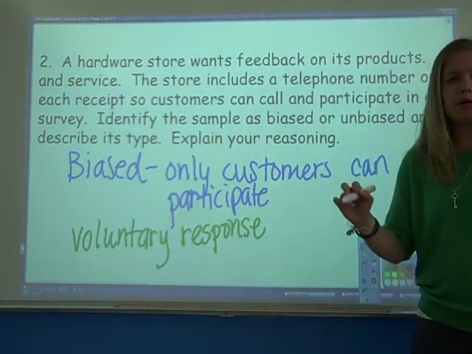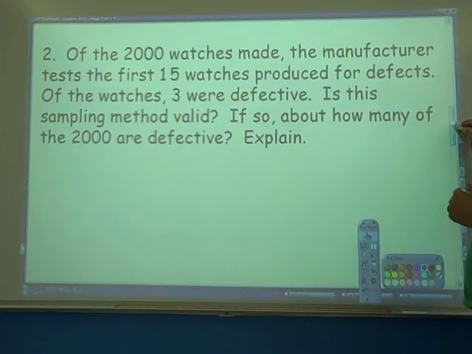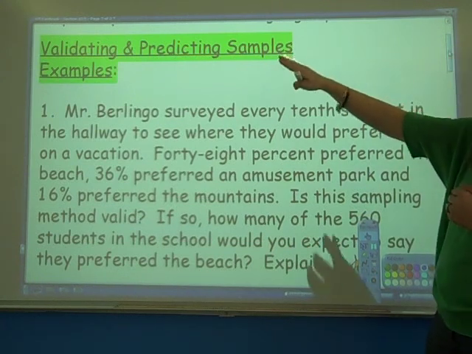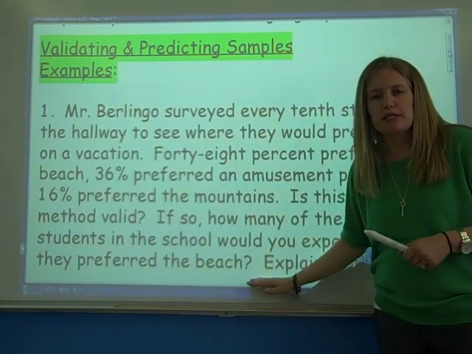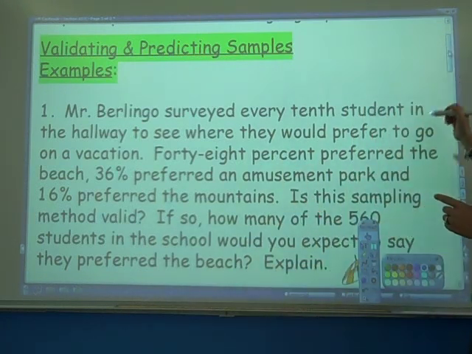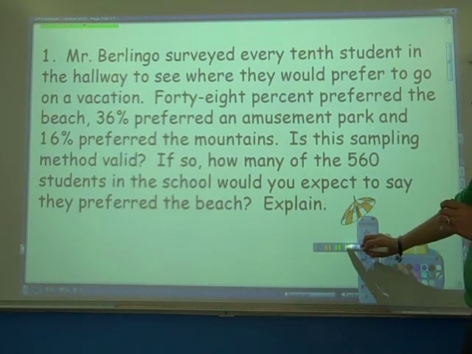Okay, for sake of time, I think I'm only going to do one more question with you, and that'll be it for today. Okay, we're going to do this one. It's validating and predicting samples. Please, I know this is a lot, but copy this problem down. If you want to do it in shorthand, you can too, which means write down the important parts. Mr. Galingo surveyed every 10th student, so that would be an important part.